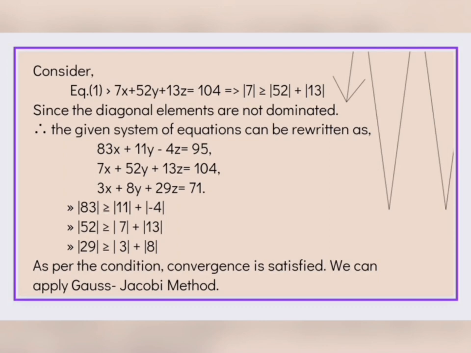Since the diagonal elements are not dominant here, the given system of equations can be rewritten as 83x plus 11y minus 4z equals 95, 7x plus 52y plus 13z equals 104, 3x plus 8y plus 29z equals 71. Now, as per the condition, convergence is satisfied. We can apply the Gauss-Jacobi method.